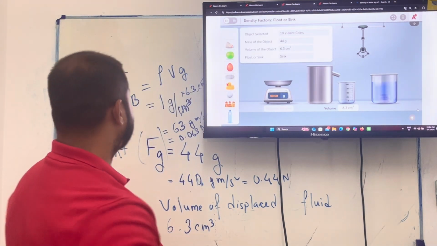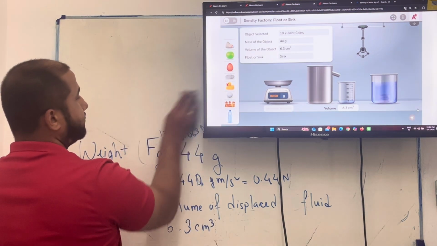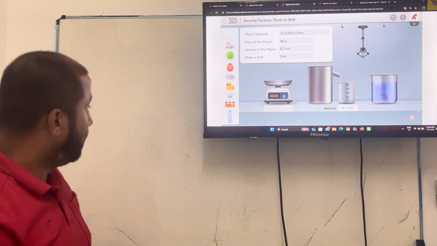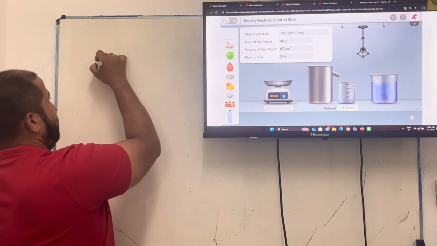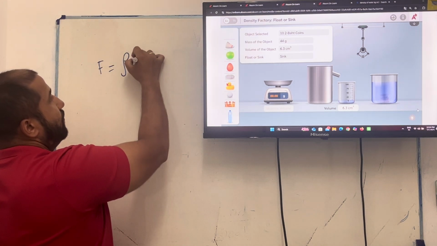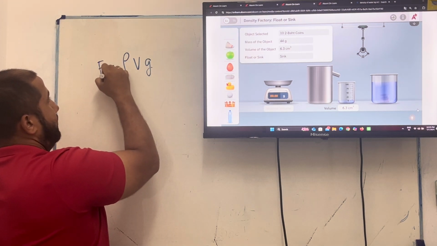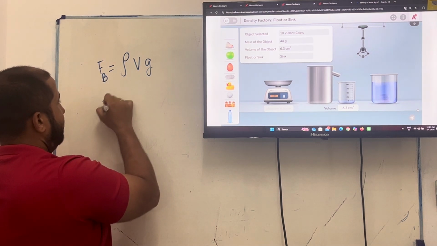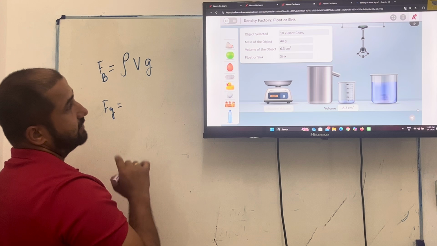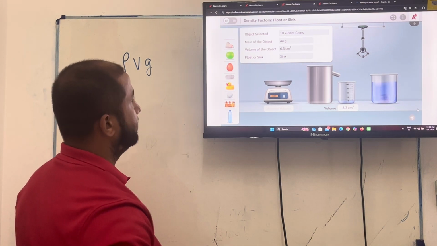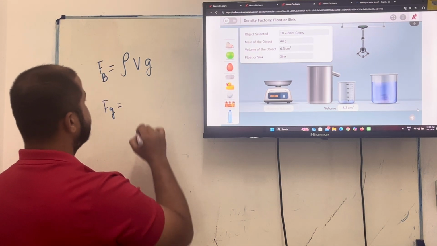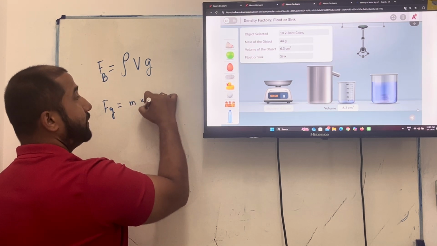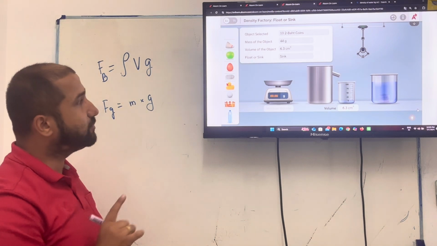Okay, let us try one more. So, in this case, always remember buoyancy force is rho Vg. The weight of the object we can measure: weight of the object is mass multiplied by gravity.